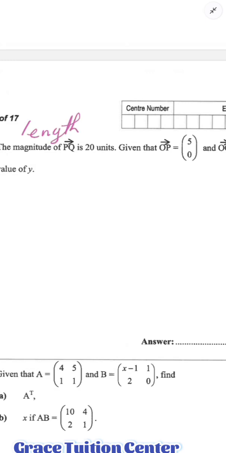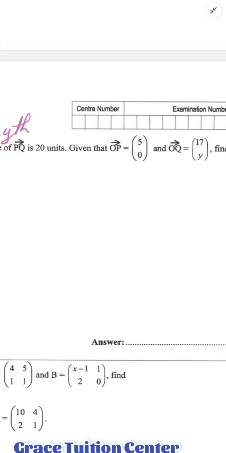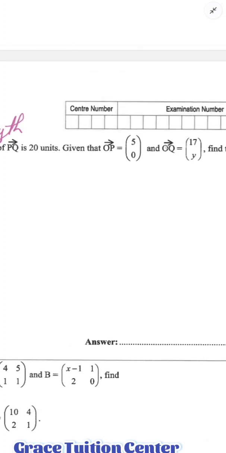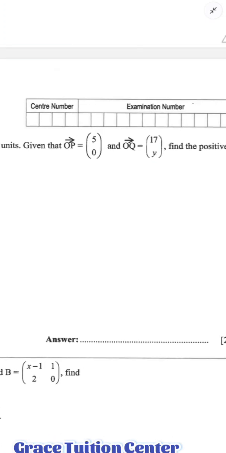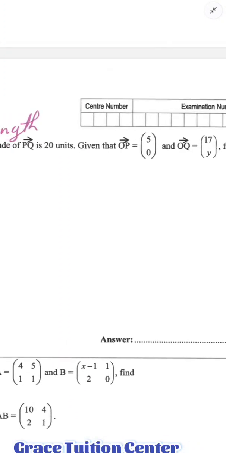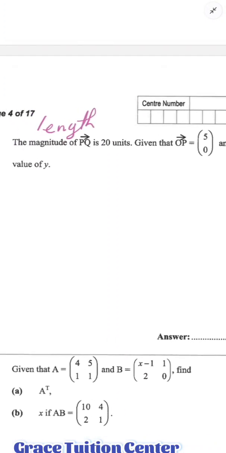So the magnitude of vector PQ is 20 units. Given that OP is this, 5, 0, and vector OQ is 17y, find the positive value of y.